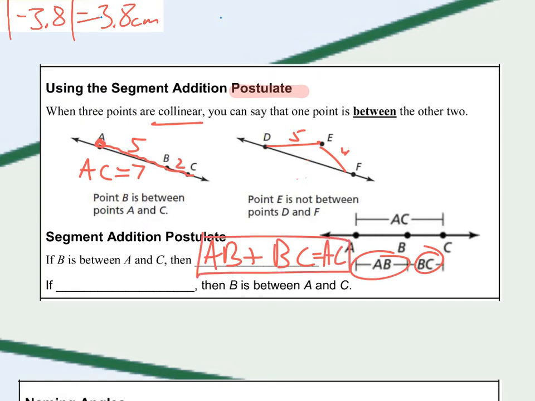And that's our postulate. So the two pieces add up to the whole. That's the key. And we can flip that around. If we know that the two pieces add up to the whole, then it must be between, or collinear. In other words, on the same line.